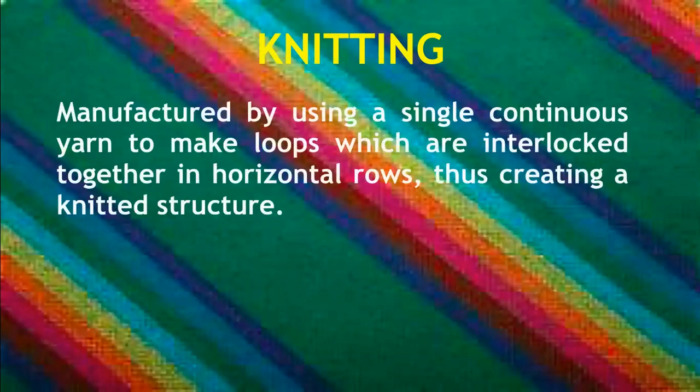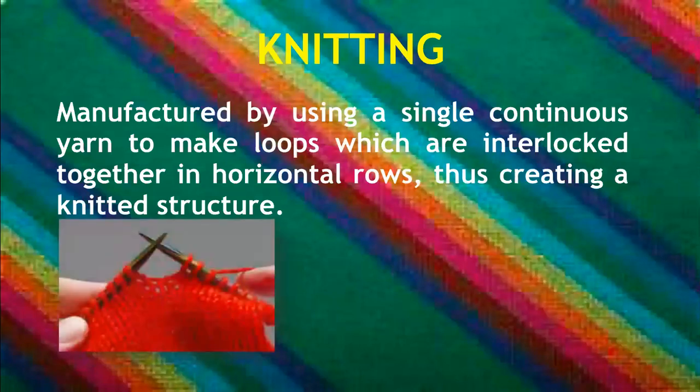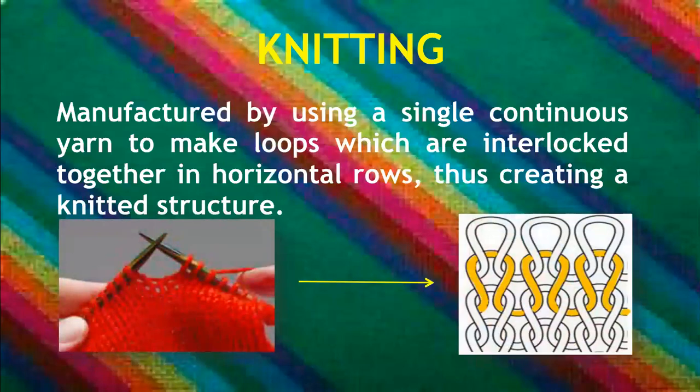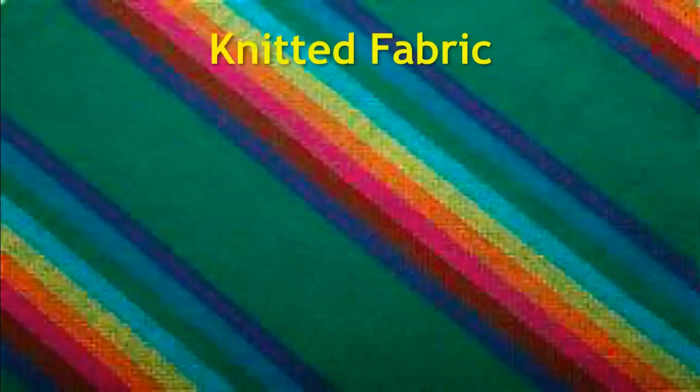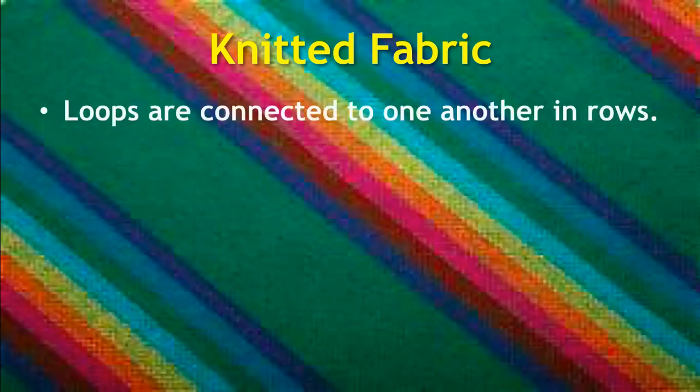Knitting is manufactured by using a single continuous yarn to make loops which are interlocked together in horizontal rows, thus creating a knitted structure. When having a look at a knitted fabric, you will notice a series of loops which are connected to one another in rows.